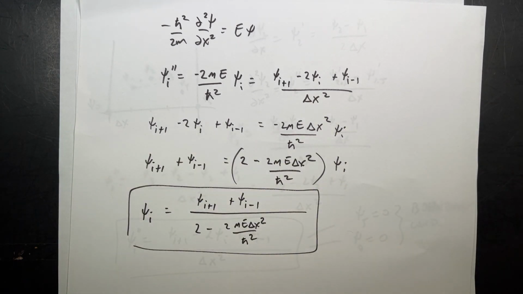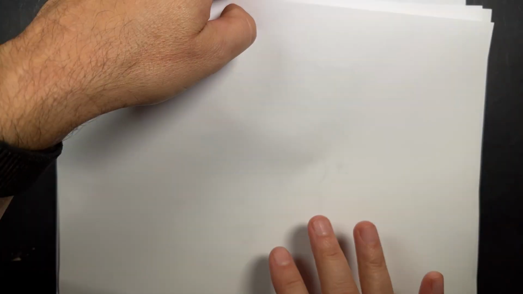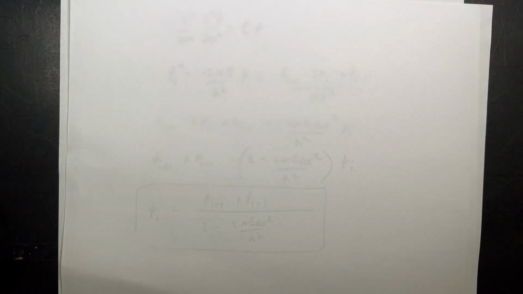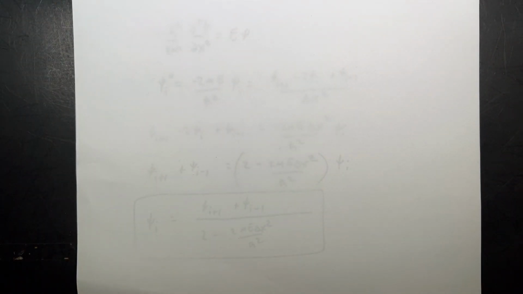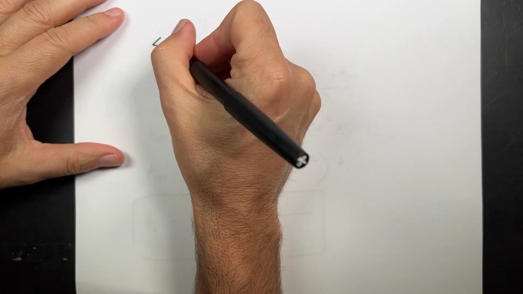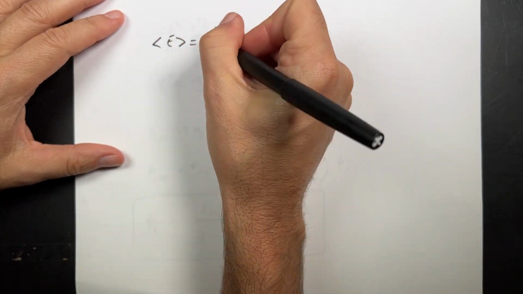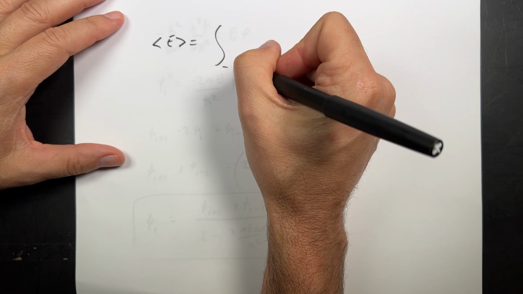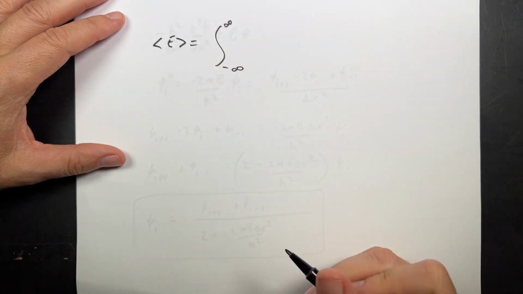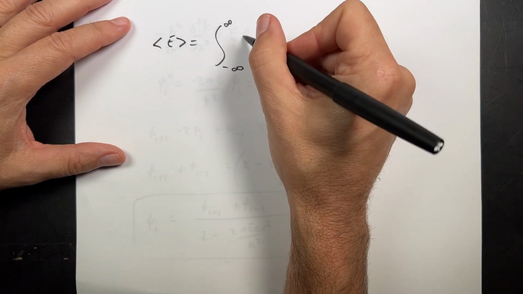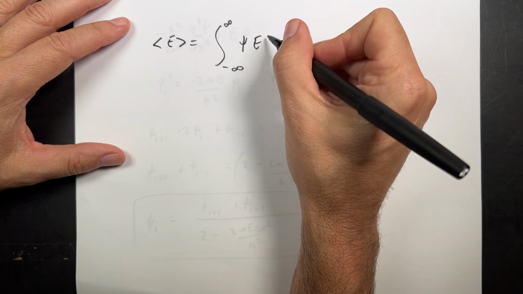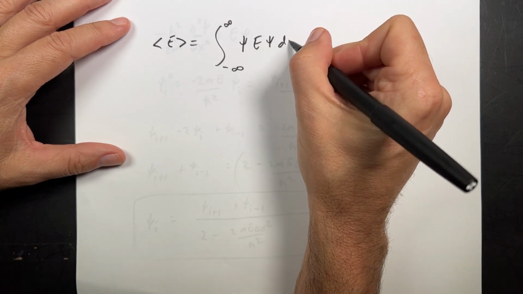The expectation value of the energy uses the energy operator, which is the Hamiltonian, same thing we've been doing. The expectation of energy is the integral over all space, which is easy to do since we only have things from 0 to a anyway, of psi E psi dx.